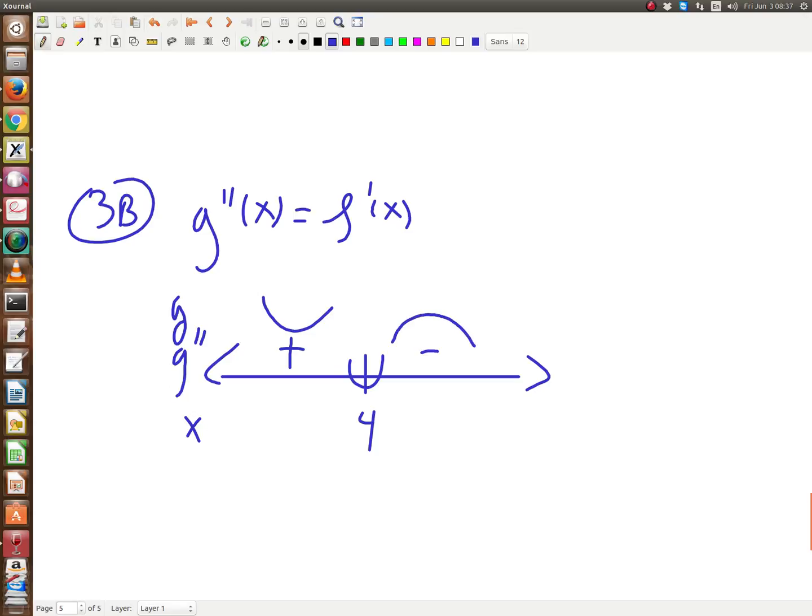So write a little sentence saying that there is a point of inflection at x equals 4 on g of x. And don't forget, you have to write a little sentence describing what the sign line is telling you. We have a point of inflection at 4 because g double prime is changing sign, and g double prime at 4 is undefined.